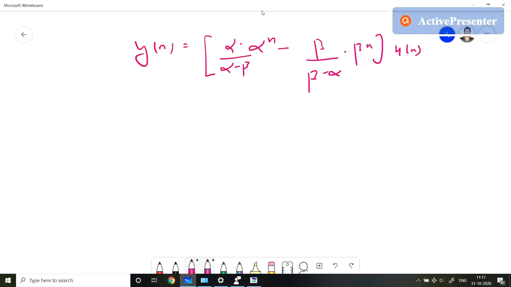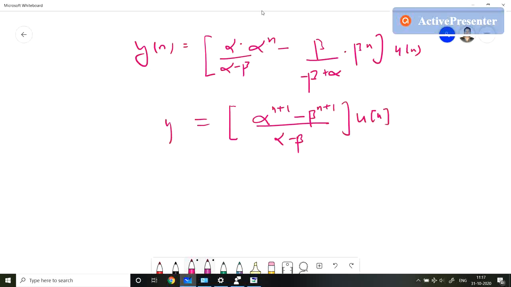All these things we have already covered, so please check this equation. Now what we are getting, we can write as: this is minus, this is plus. So this is alpha raised to n plus 1 minus beta raised to n plus 1 into u[n]. So this is y[n].